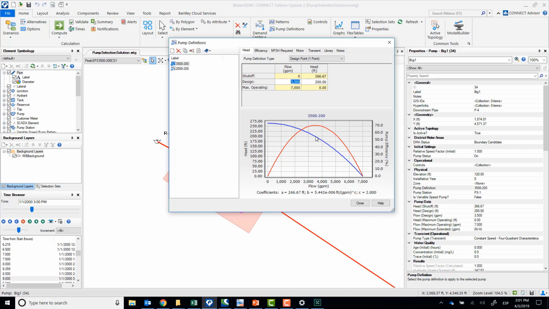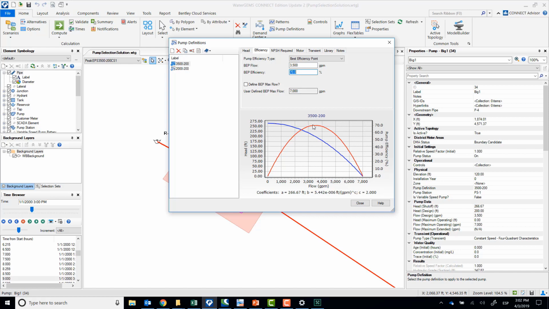Okay, so if that's what it has to pump, that would be the perfect operating point for it. Now look at the efficiency that we set. We said it is most efficient when it runs exactly at its design point of 3,500 gallons per minute. And the efficiency is 70%.